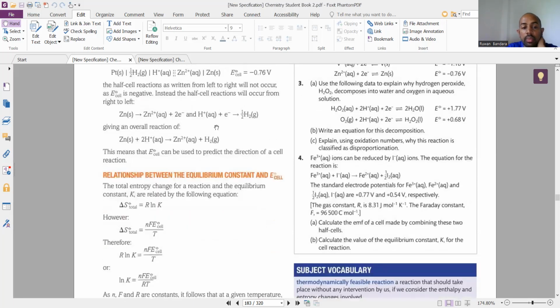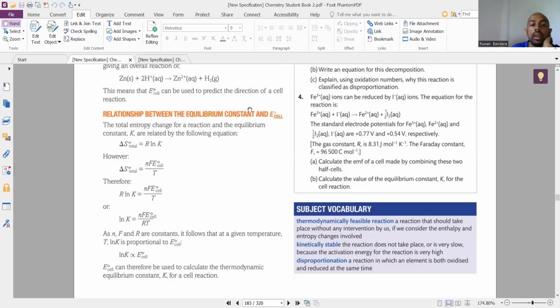Okay. The last relationship, that is the relationship between the equilibrium constant. We are going to learn a new term called equilibrium constant and the E naught cell, right? First thing is delta S total will be equal to R ln K, right? But we already know that delta S total will be equal to N Faraday's constant into E naught cell divided by T, what we learned just now, right?